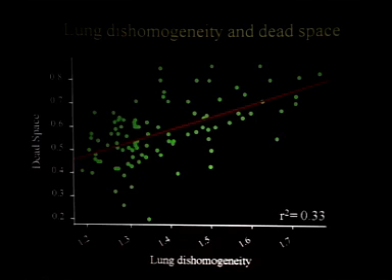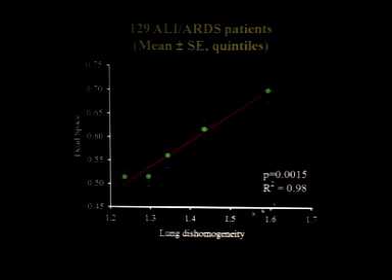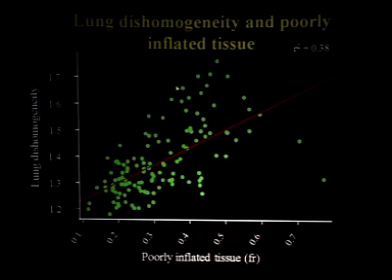So they are the regions likely to be with greater inhomogeneity. If I don't take the cluster, you see the previous relationship is still present. A very, very straightforward relationship on about 130 patients with ARDS. This is with a pooled inflated tissue.